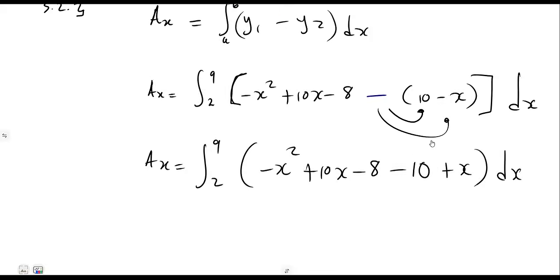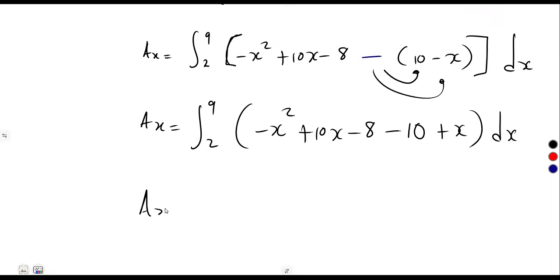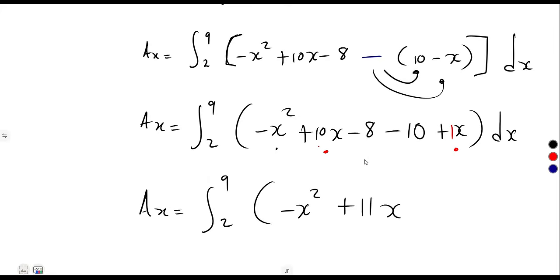Simplifying, collecting the like terms, we're going to obtain minus x squared. We've got the like terms 10x and x, this is 10 plus 1, which is 11x. Then there's minus 8 and minus 10, that's minus 18.